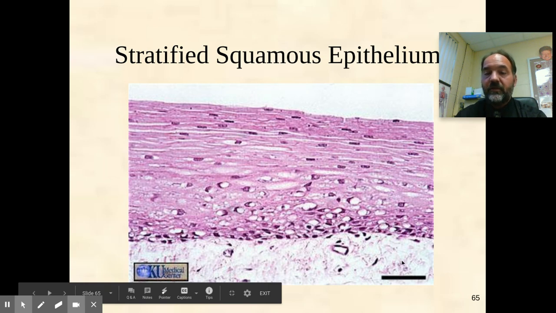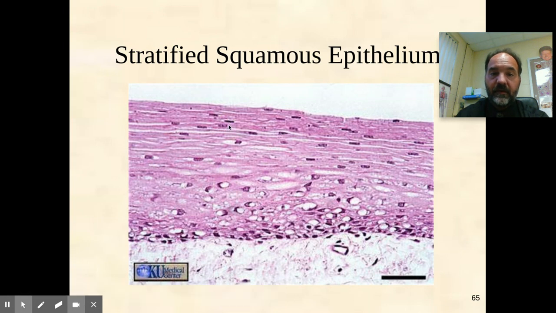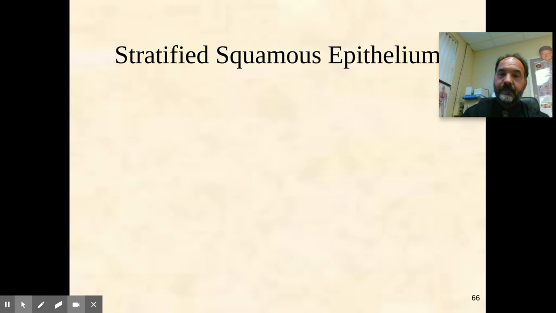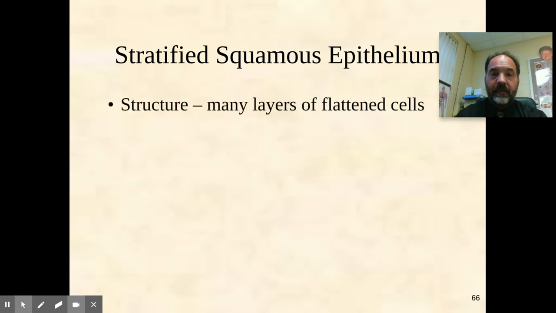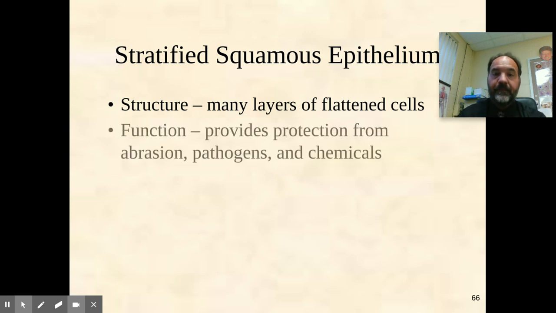We've got connective tissue below. And look at all of the layers of flattened cells. There might be 24 layers of cells here. So the structure of stratified squamous is many layers of flattened cells.